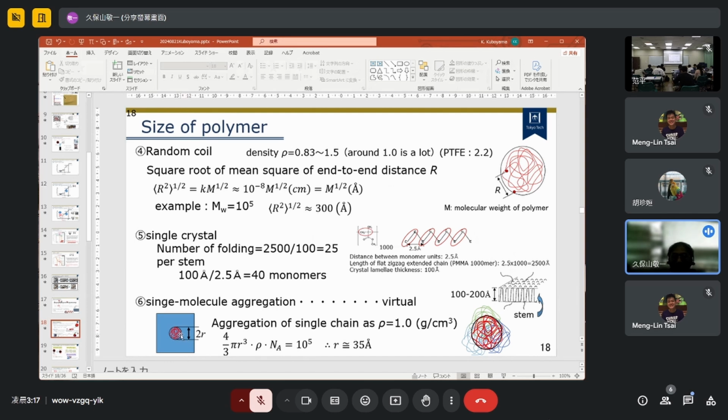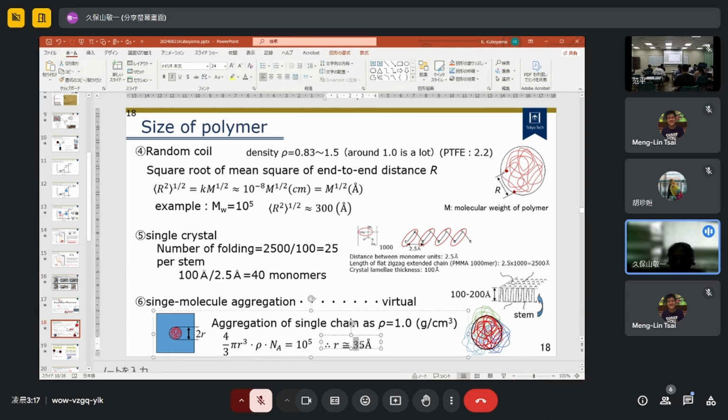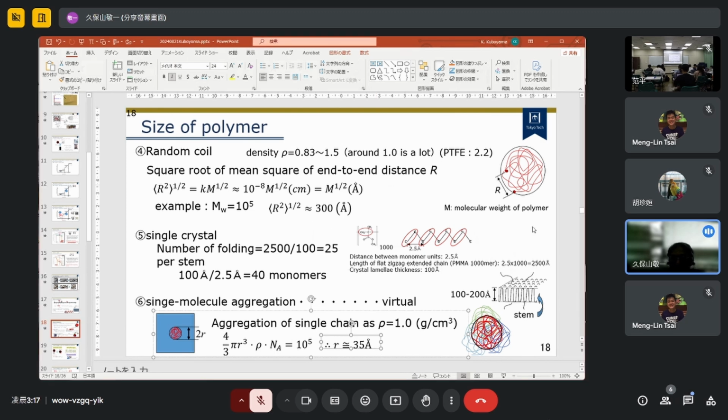So only one molecule forms the aggregate and the density becomes 1.0. In that case, the radius of the aggregate can be estimated around 35 angstrom. But here you see the size of the random coil is around 300 angstrom. So 10 times larger than this one.